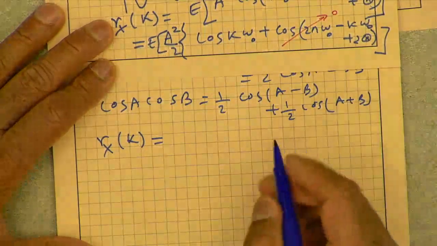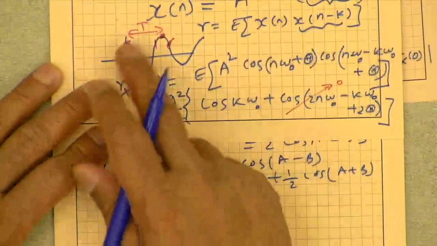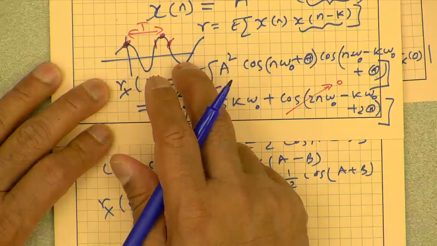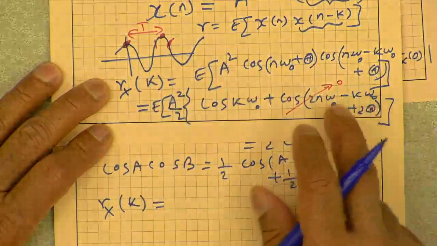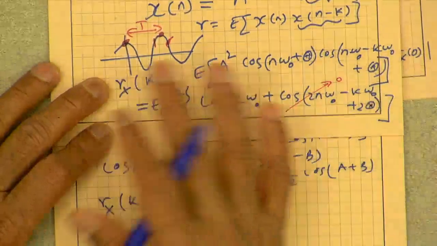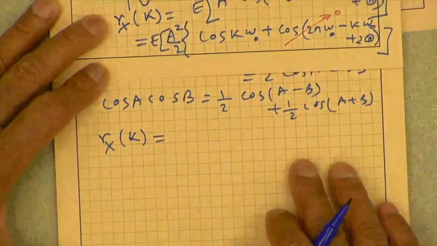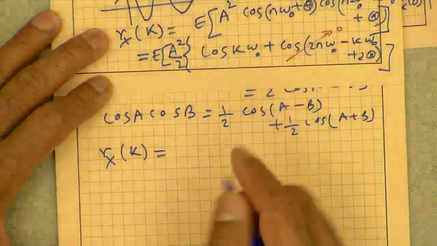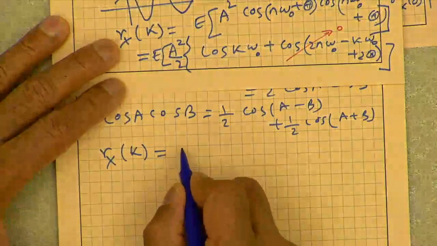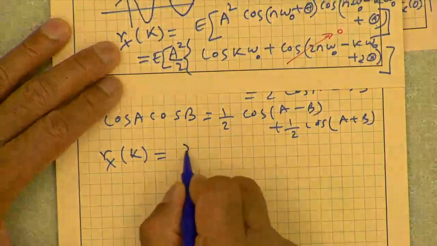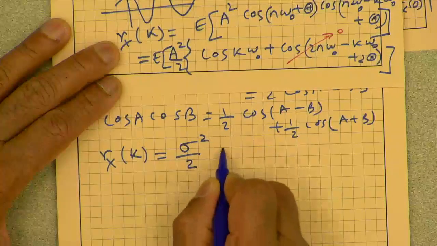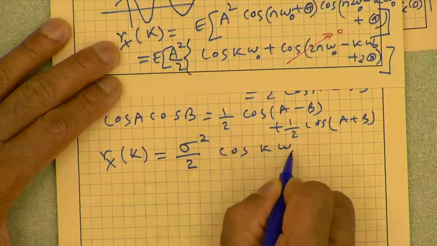The expected value of any sinusoid, if you integrate over theta changing from 0 to 2 pi, one period, is going to be 0. The expected value of A squared, I've assumed 0 mean, so that's simply sigma squared by 2 cosine k omega naught.